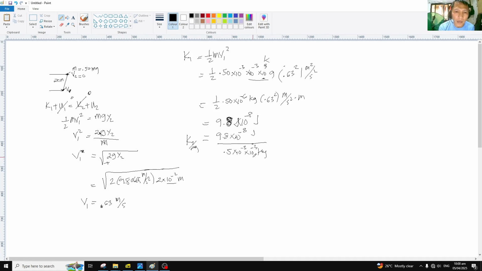Kaya again adi an ay negative 3 ang pareho di. Di ba? So that would give you per kilogram. So divide it by 0.5 times 1e negative 6. So that would give you 0.2, 0.196. So that is 0.2 joule per kilogram. Okay.